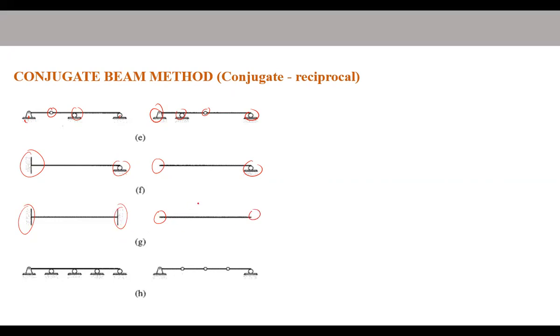So if both ends are fixed, you have a beam where there's no support. If both ends are fixed, what kind of structure is it?